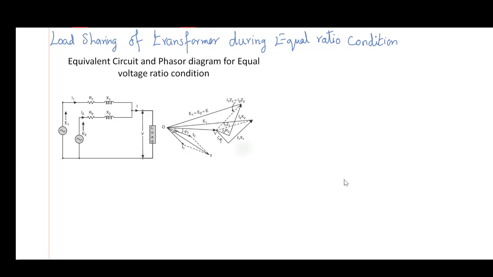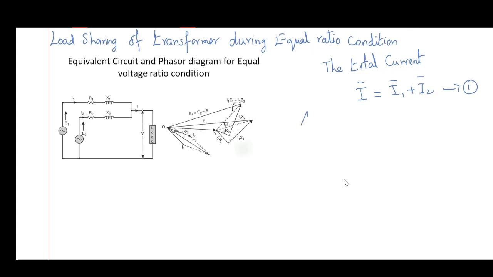As usual, the total current in the circuit will be given as I vector is equal to I1 vector plus I2 vector. Let's take it as equation 1. From the phasor diagram, we can understand that the voltage ratio is the same.